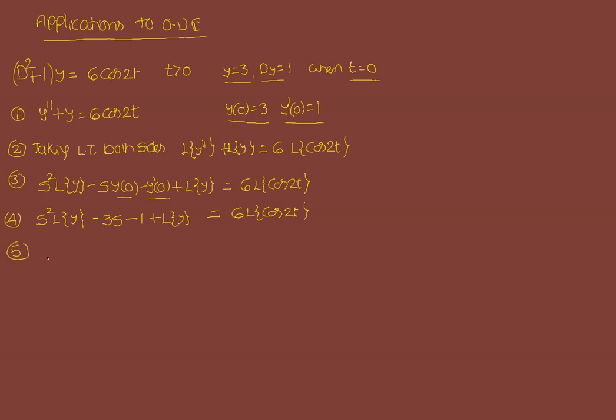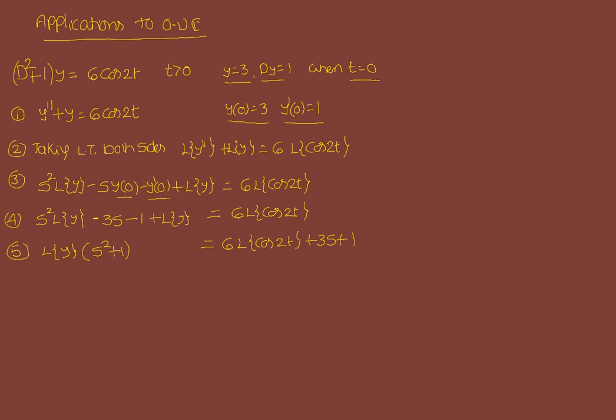Now you take L of y as common. Therefore L of y, if you take common, you are left with s² + 1, equal to 6 into Laplace of cos 2t plus 3s plus 1.